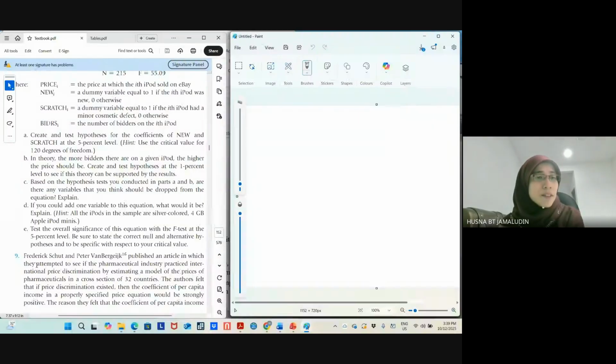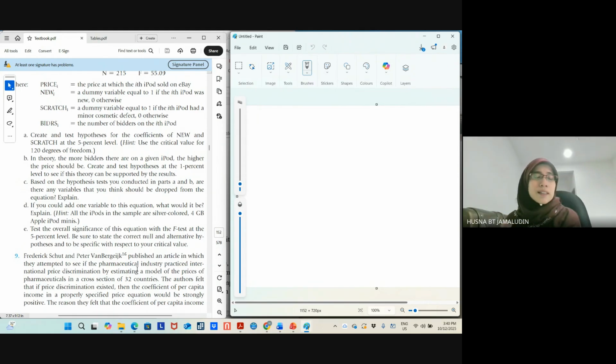Question number 9. Frederick and Peter published an article in which they attempted to see if the pharmaceutical industry practiced international price discrimination. When we talk about the medical industry, price discrimination is very common, especially for severe diseases like diabetes and heart issues.